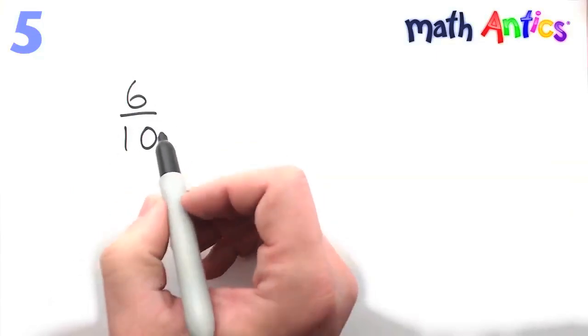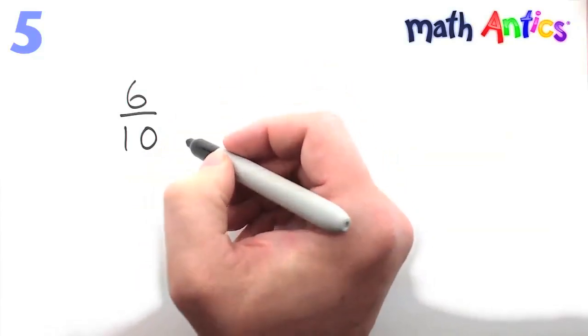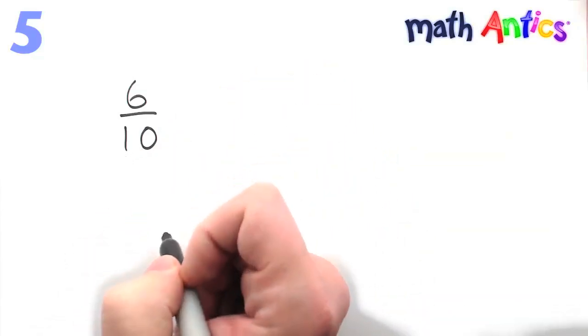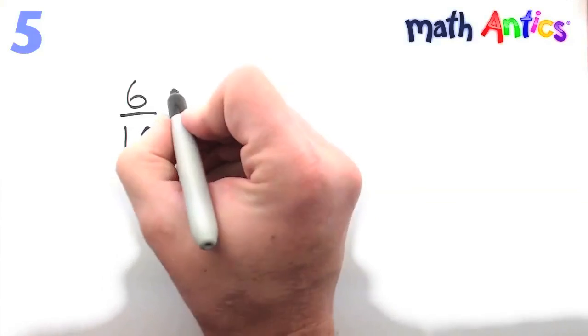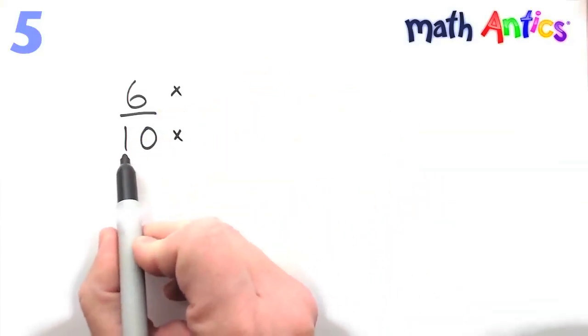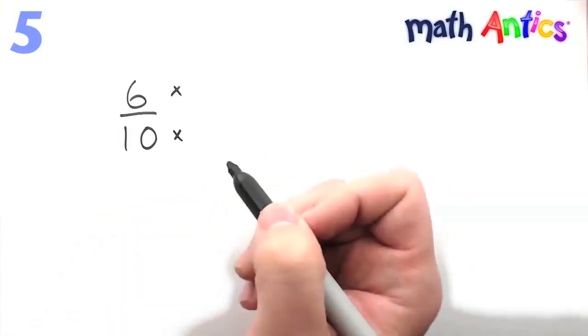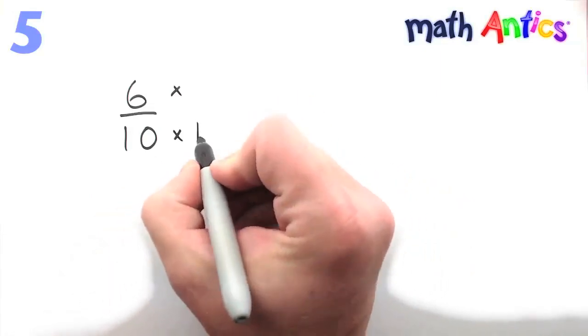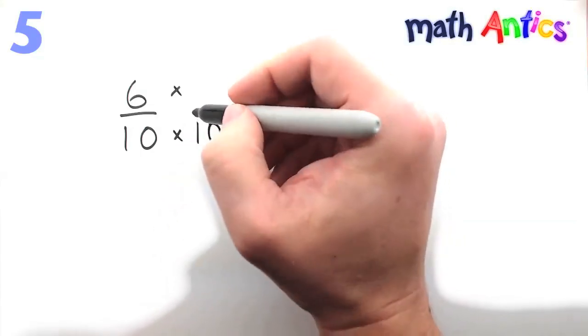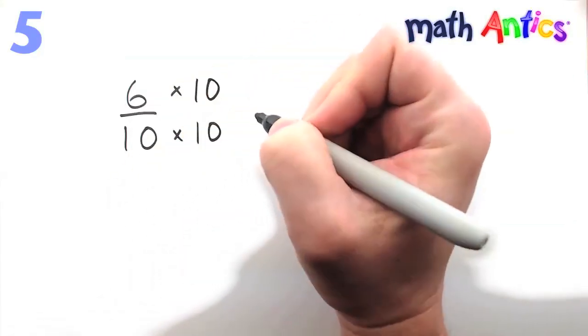So that means we need to multiply both the top and bottom numbers by the same number that will give us 100 as the bottom number. So let's write in our multiplication signs here, and then let's see, what number could we multiply the bottom number by to get 100? Well, 10 times 10 equals 100, so we have 10 there, and we need to multiply the top number by the same number, otherwise it won't be an equivalent fraction.